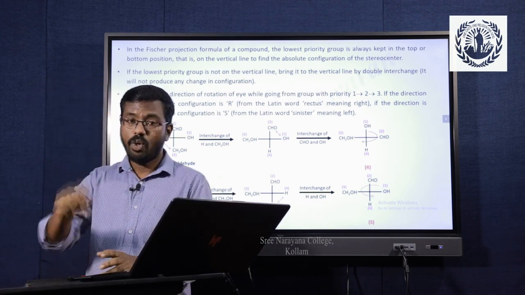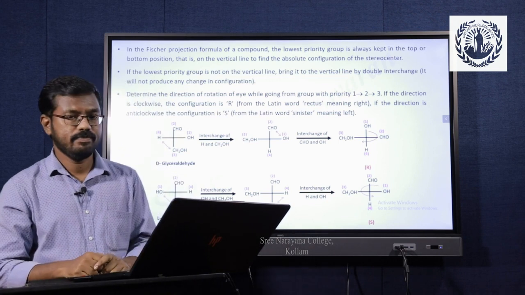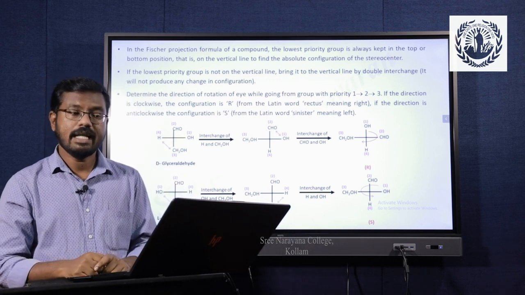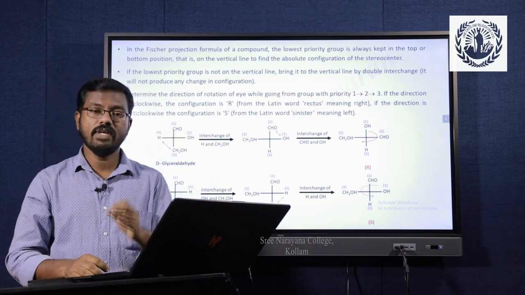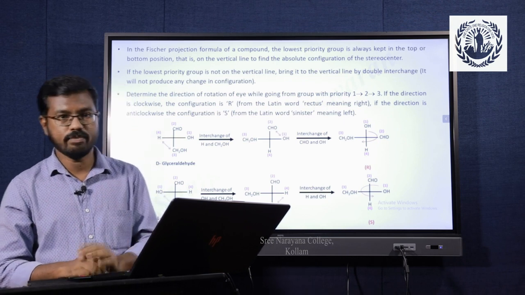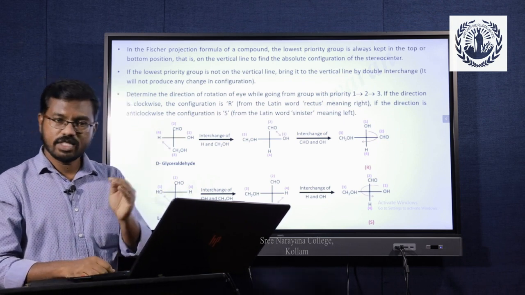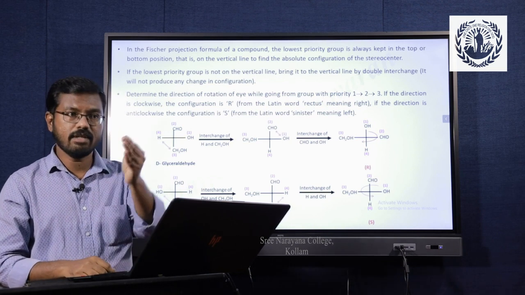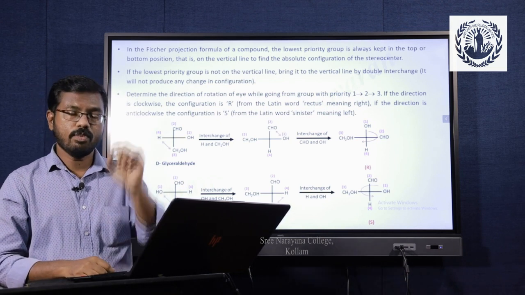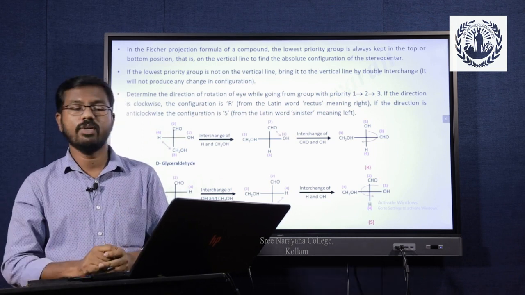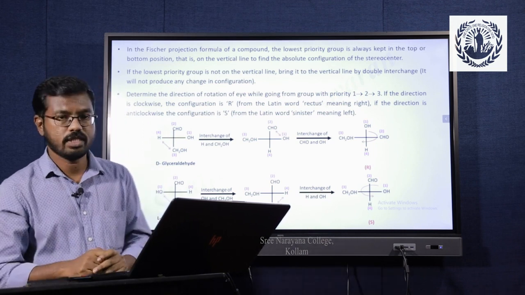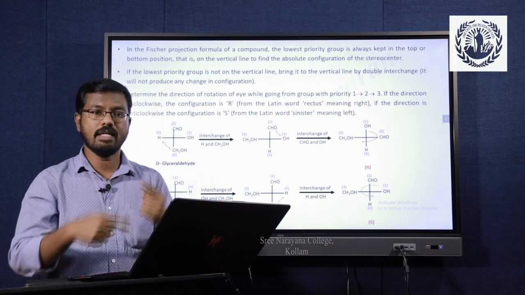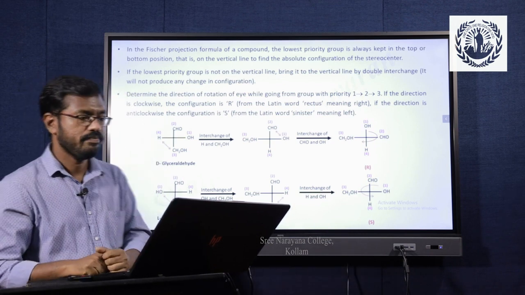The lowest priority group has to be kept always in the top or bottom position. If it is not in the vertical position, we have to bring that group to the top or bottom position by doing the double exchange. Double exchange I have already explained.